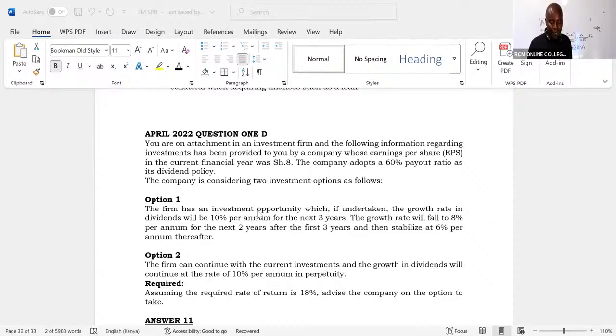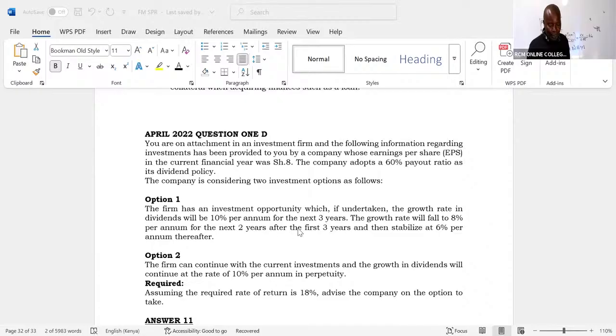The growth rate will fall to 8% per annum for the next 2 years after the first 3 years, and then stabilize at 6% per annum thereafter. There's a problem here.